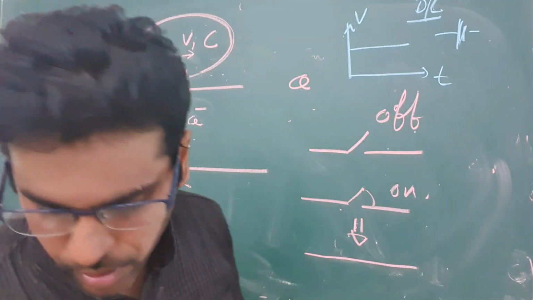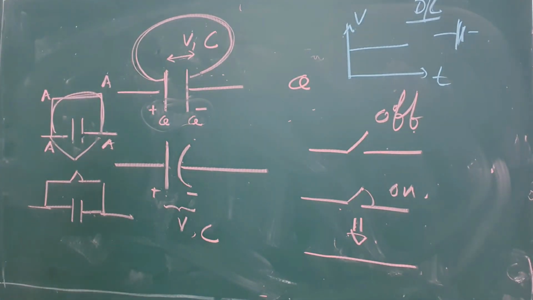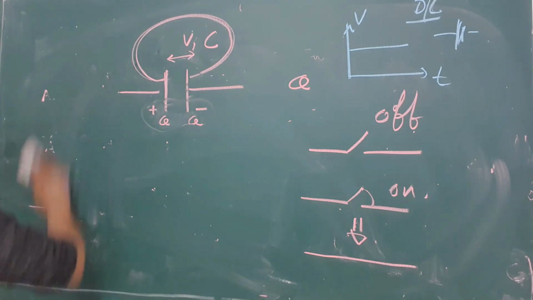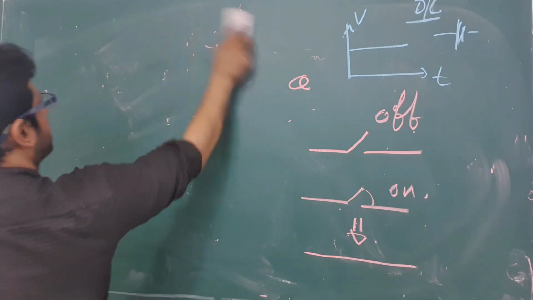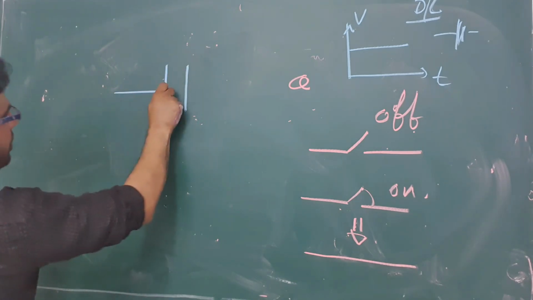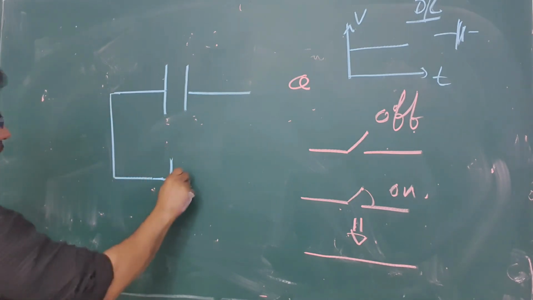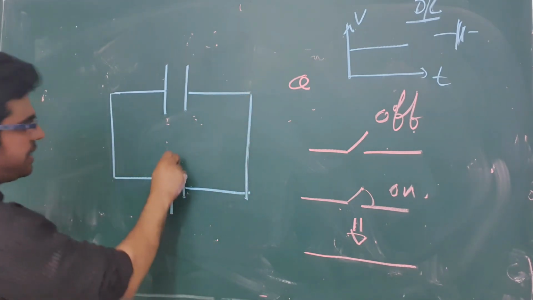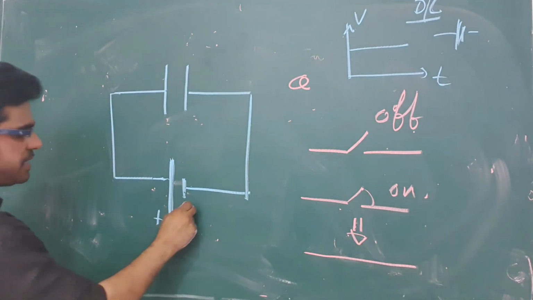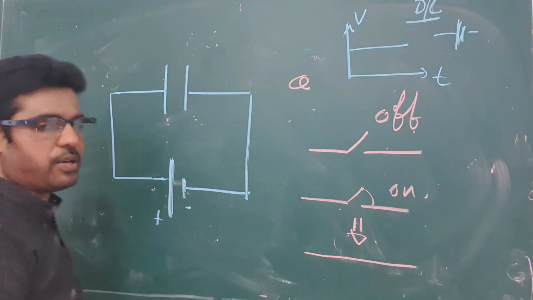Now I draw the relevant circuit for the charging method of a capacitor. This is the capacitor and this is the battery. When we draw the symbol for the battery, this represents plus, this one minus. Everyone knows this, you have done all these things at O level also.